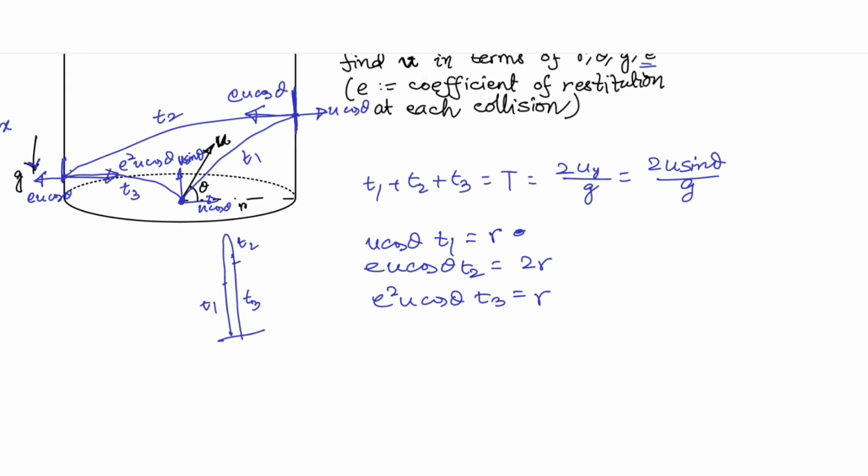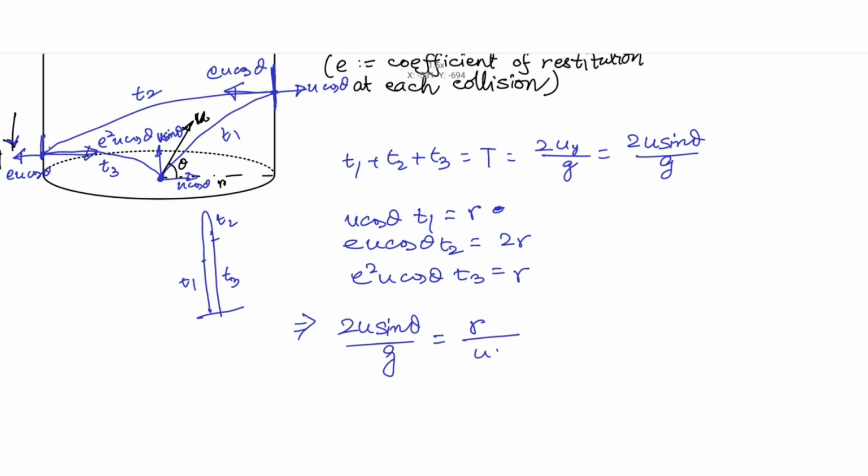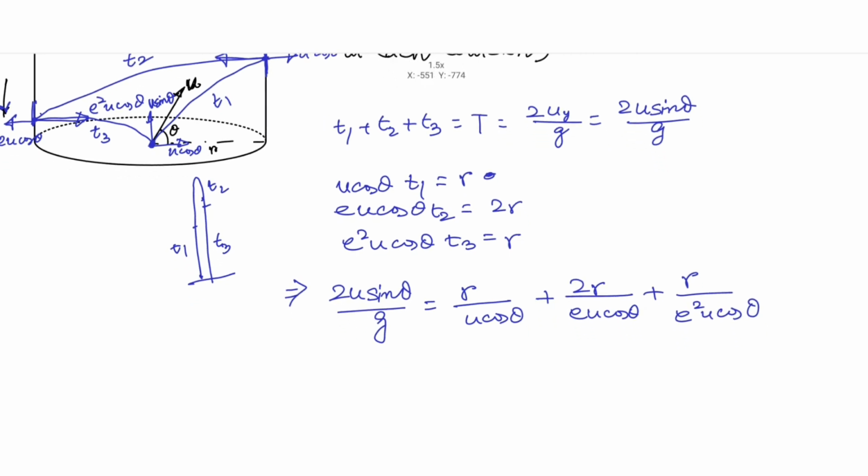Now, since we know the value of t1 plus t2 plus t3, I can write 2u sine theta divided by g equal to t1, which is r divided by u cos theta, plus 2r divided by e u cos theta, plus r divided by e square u cos theta, right?